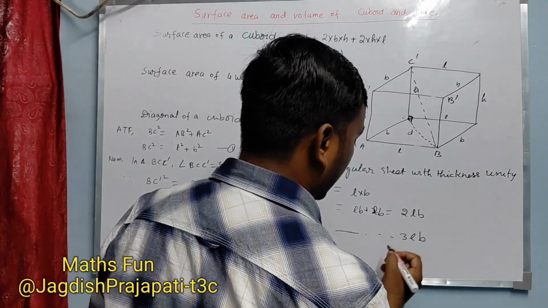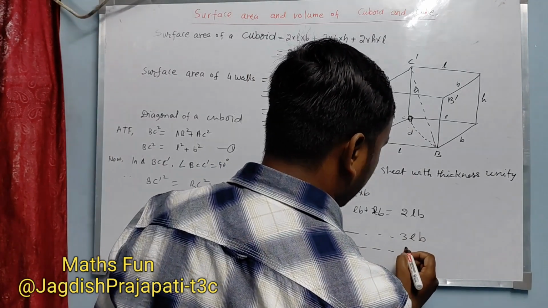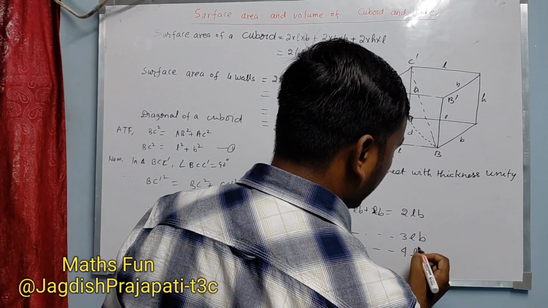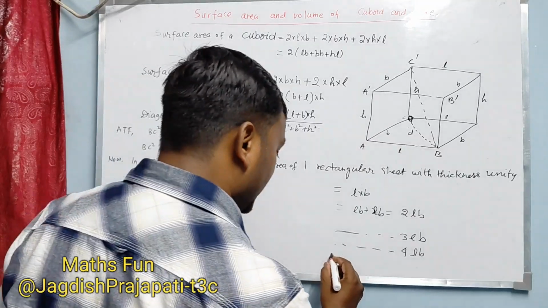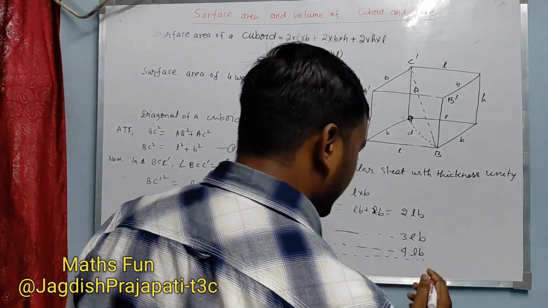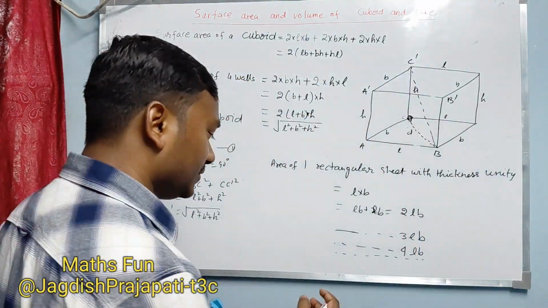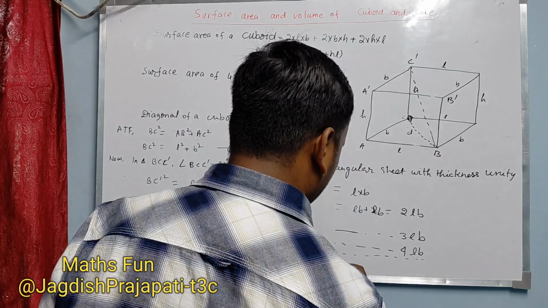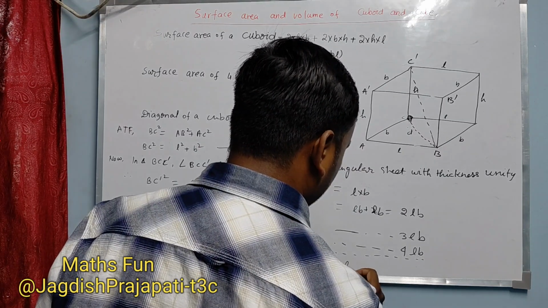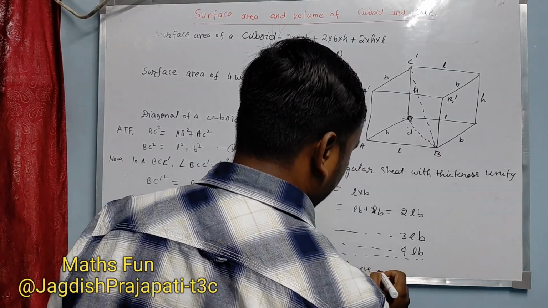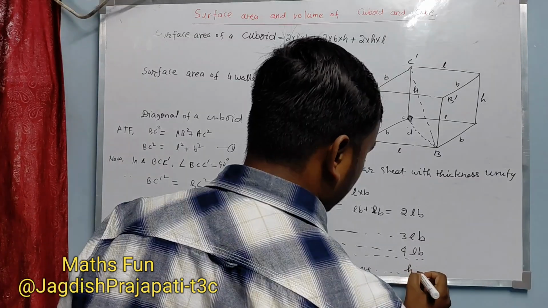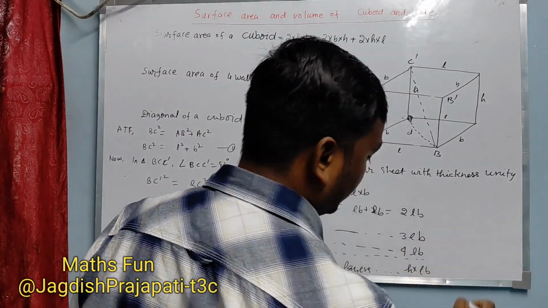If we add 4 layers, then that will be 4LB. And similarly, if we proceed and add H layers, then its area will be H times LB.